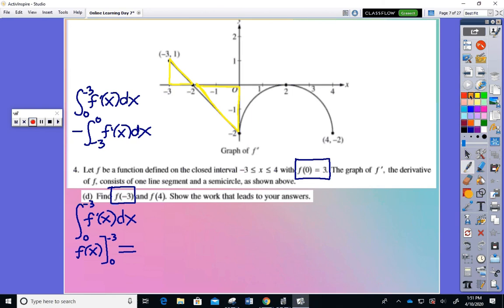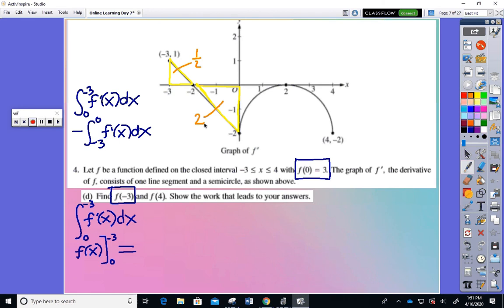So for instance, here it looks like the base and height are both 1. If it was a square, the area would be 1, but it's a triangle, so the area is a half. Here, the base and the height are 2. So 2 times 2 would be 4 if it was a full square. It's only half a square, so it's 2.